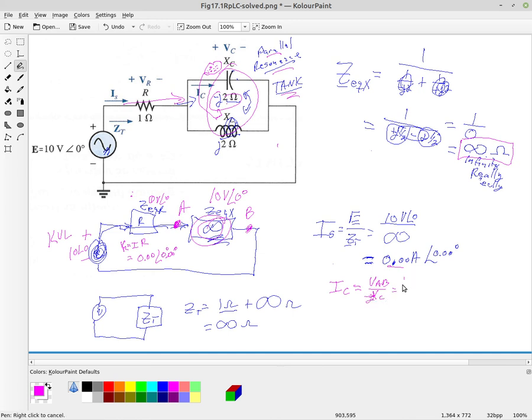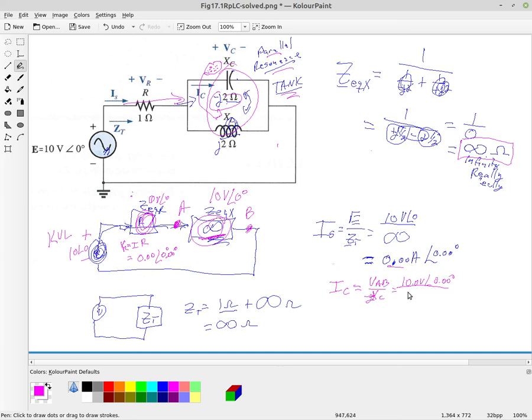So that is 10 volts angle 0. Again, where did we get this 10 volts angle 0? Well, if we applied Kirchhoff's voltage law and there's no voltage drop across the resistor, then there must be 10 volts dropped across the capacitor and inductive circuit.